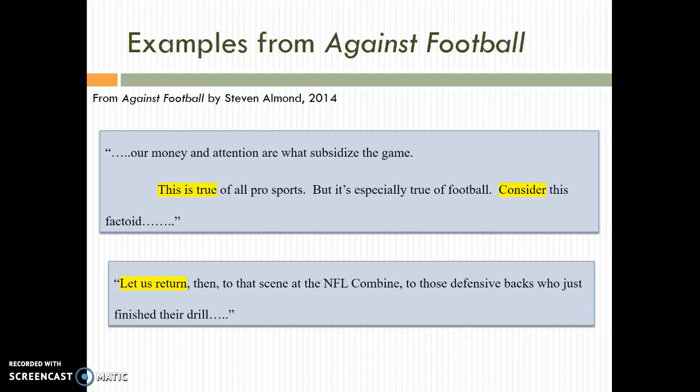End quote. What Mr. Almond is reckoning back to is several paragraphs back, but he effectively uses a pointing phrase without making the mistake of ambiguous reference. He avoids this by further reminding us it is about the NFL Combine scene from earlier.